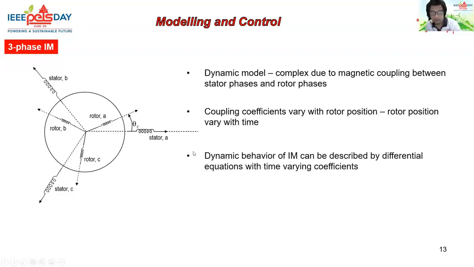Now, modeling this three-phase induction motor in the ABC coordinate system is very complex because of the magnetic coupling between the stator phases, the rotor phases, as well as the stator and the rotor phases. You will end up with a very complex equation.